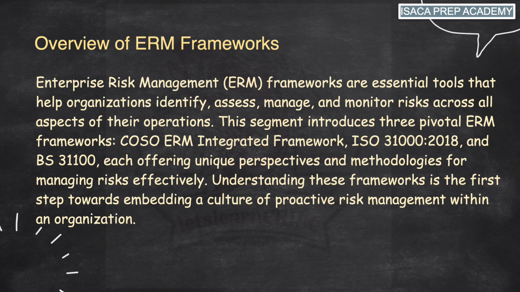Each framework has its own way of looking at risks and its method for handling them. By learning about these frameworks, businesses can start to build a culture where everyone is working together to manage risks before they become a problem.